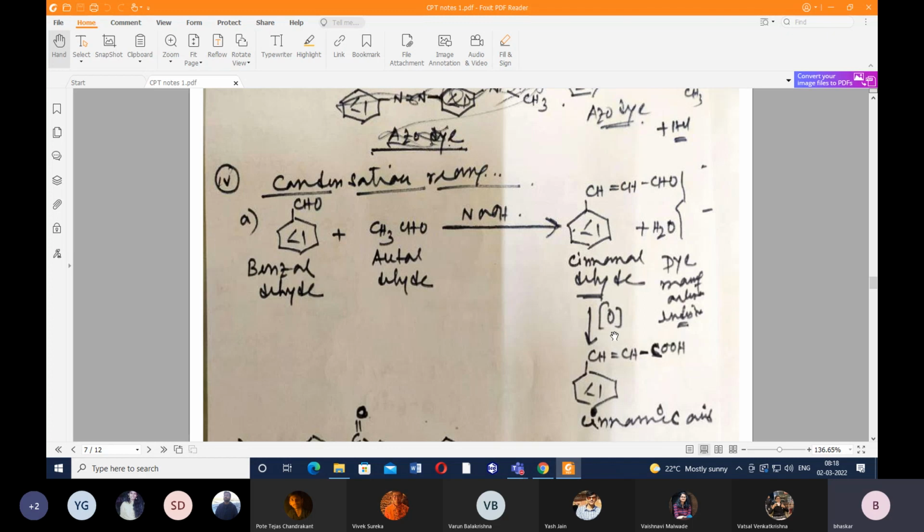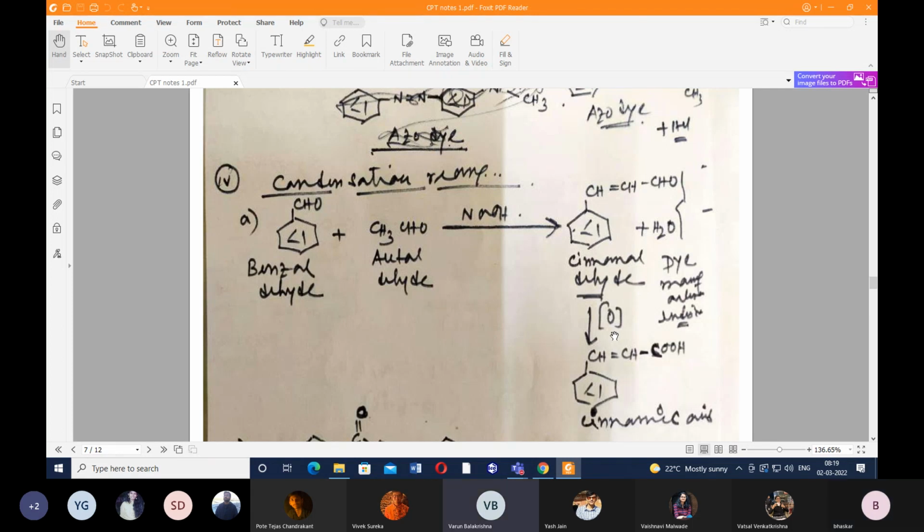There are several oxidizing agents one can use for the interconversion of cinnamaldehyde into cinnamic acid, or an aldehyde into an acid. In order to convert aldehyde into acid, we can have different types of oxidizing agents. Can anybody tell me one example of such an oxidizing agent?